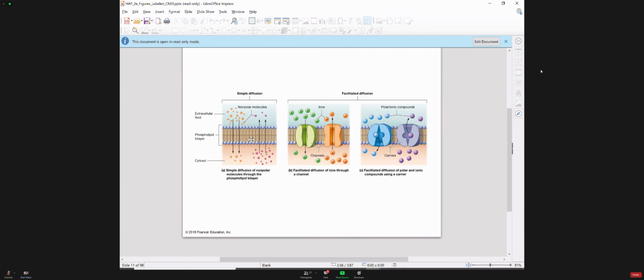They are going from the place with the high concentration into the place with low concentration. That's how the gases are moving in and out of cells, like oxygen and carbon dioxide. They just diffuse.